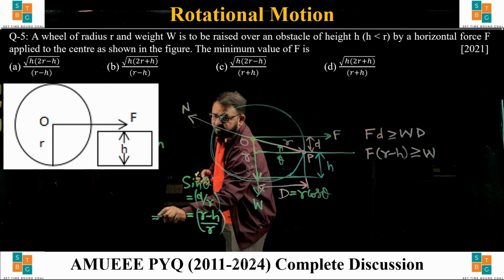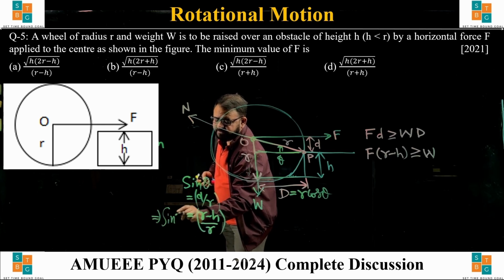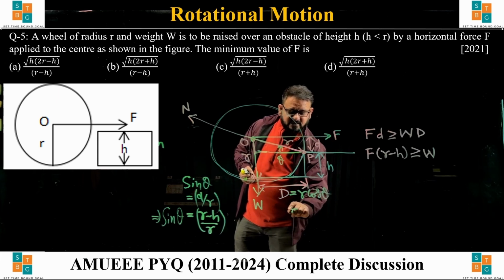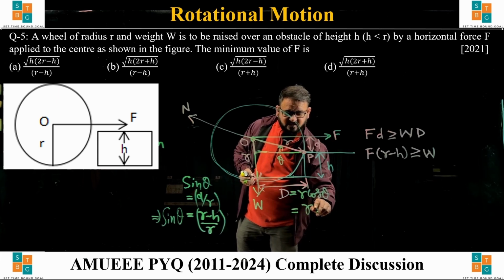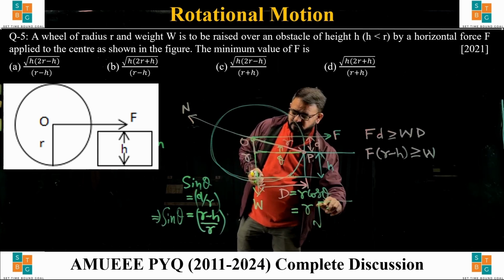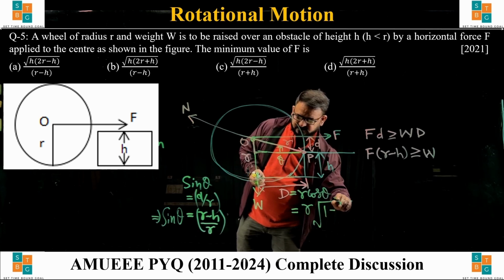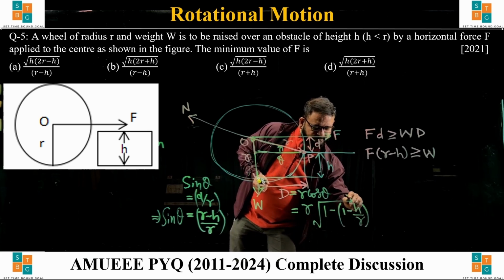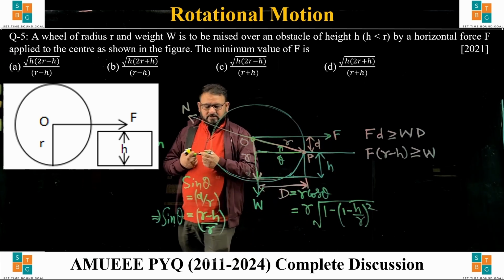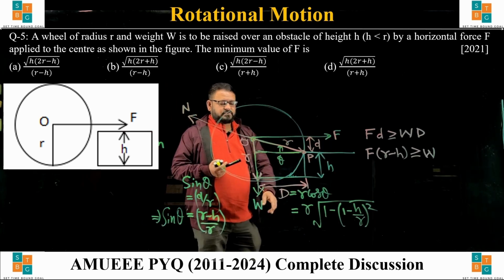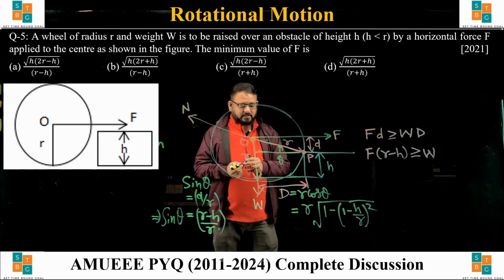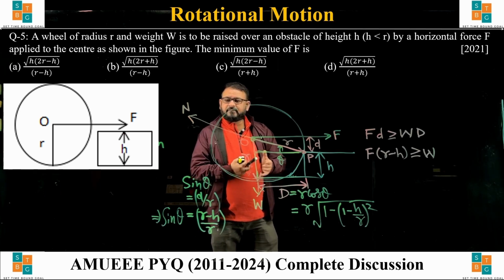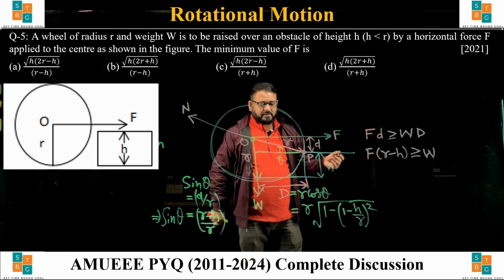We know sin theta is this. So we can easily write cos theta is R under root 1 minus (R minus H by R) whole square. Right, cos theta is square root 1 minus sine square. And if we evaluate this, we will reach the answer.